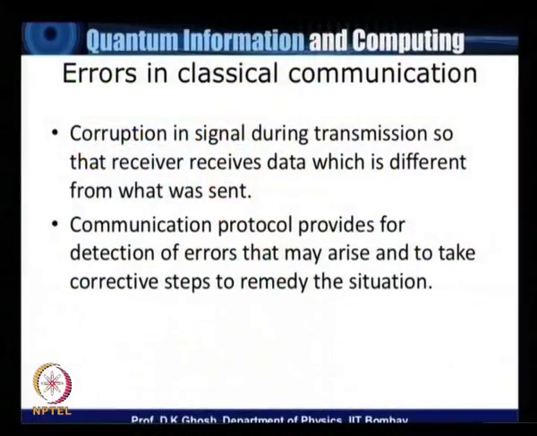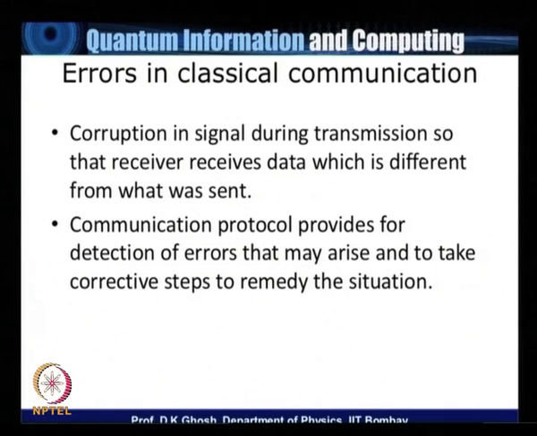This is because in classical communication these are the only two things that are being sent bit by bit. So therefore the only type of error that can arise in classical communication is that a particular bit or several bits together will undergo change. But if you want to classify them, there are basically three types of error that we talk about.